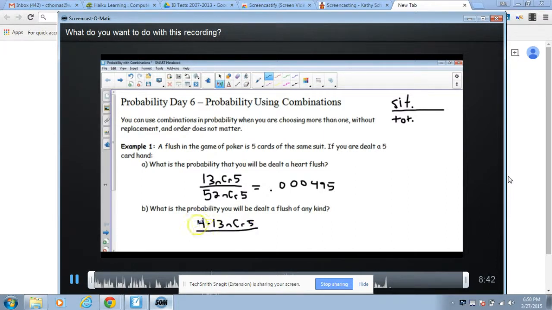So it's basically just 4 times as likely because now we're dealing with 4 suits. Sorry for my handwriting. Or if you realize that you could just multiply this number by 4 and get that number.